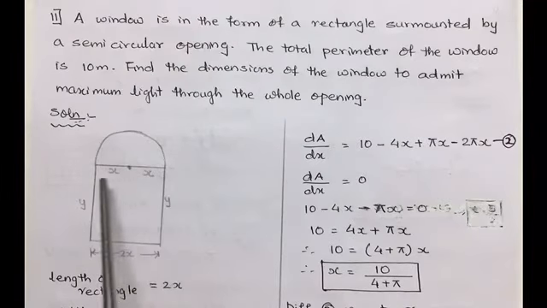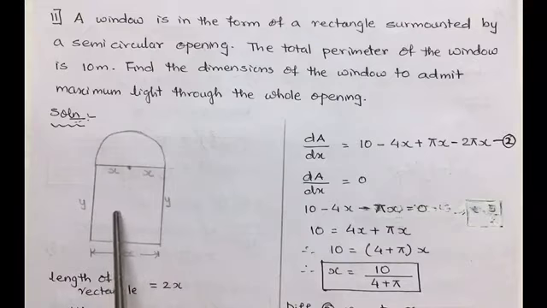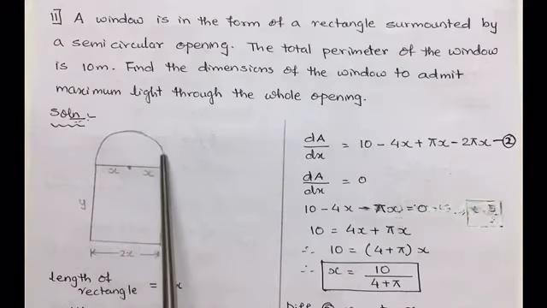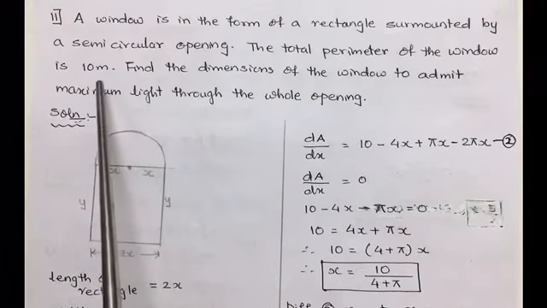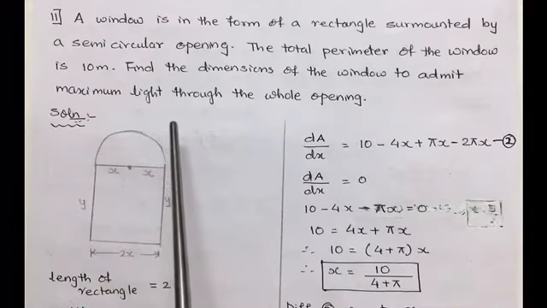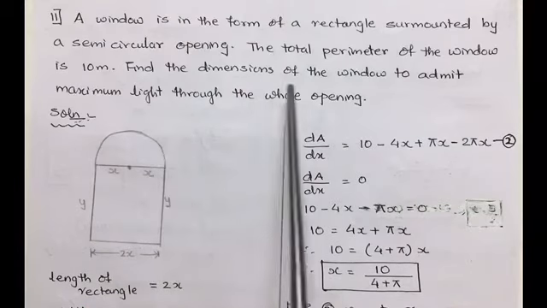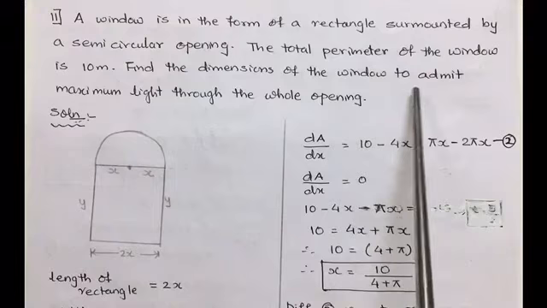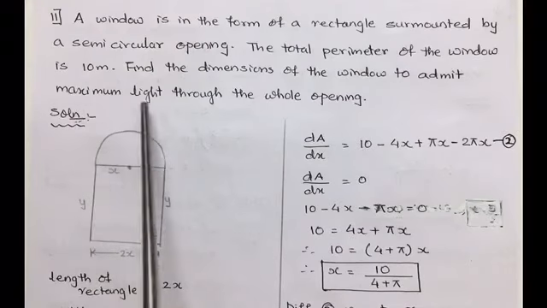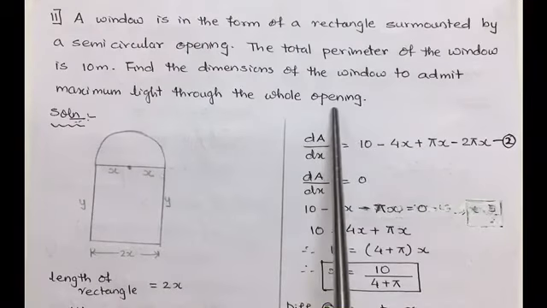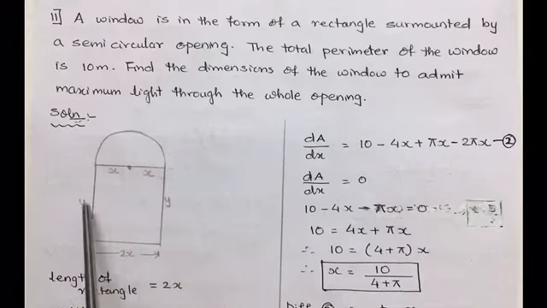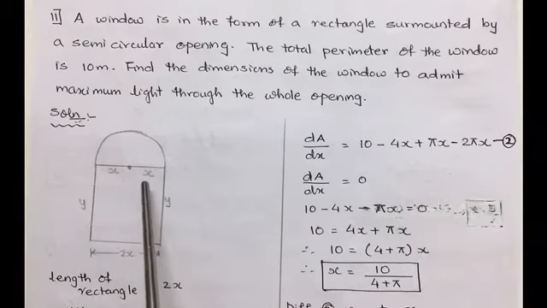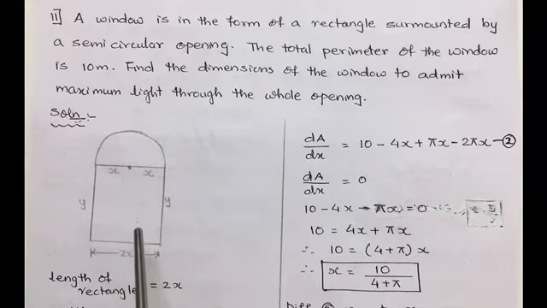So the addition of the perimeter of the rectangle as well as of the semicircle, the total perimeter is 10 meters. Find the dimensions of the window to admit maximum light through the whole opening. Now we have to maximize the area of the window so that the maximum light enters.